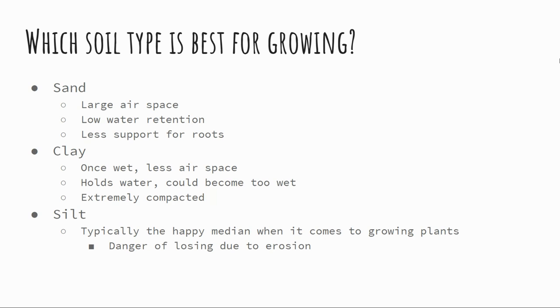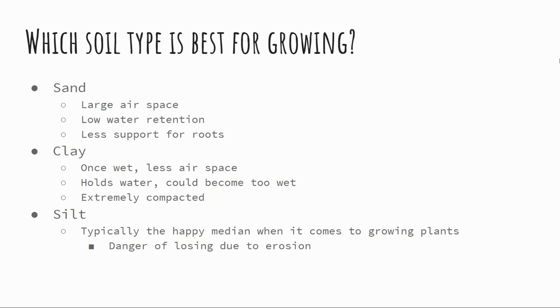So if I was to ask you the question, based off your knowledge of different types of soil particles, which one is better for growing? And it depends on the plant, of course, but there's an ideal range that we look at when it comes to growing plants.